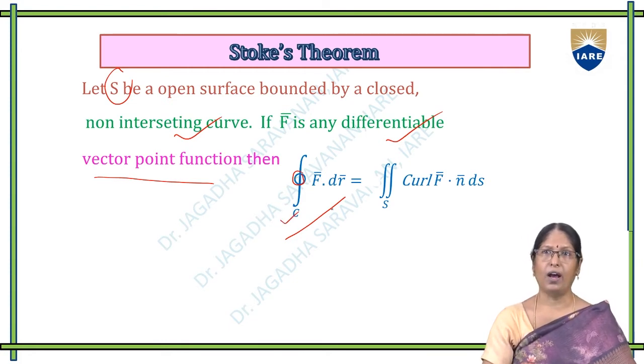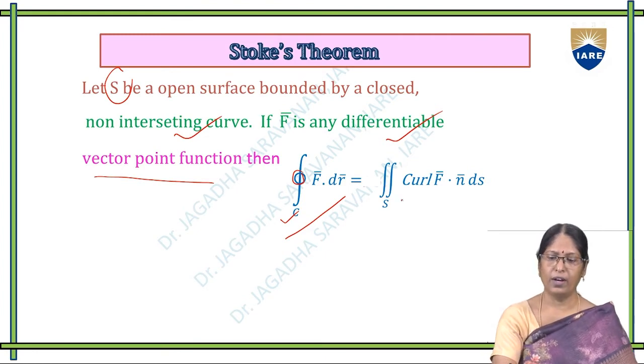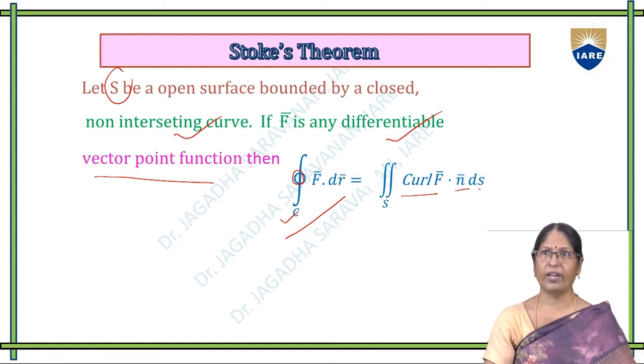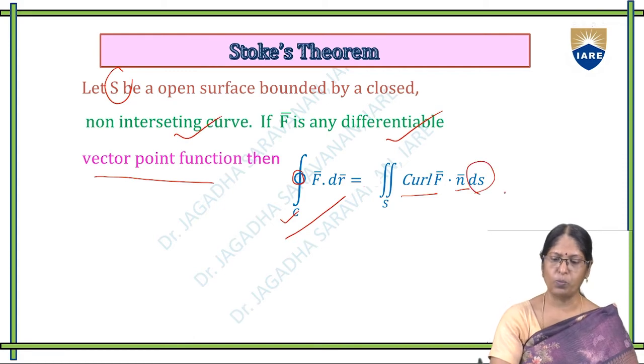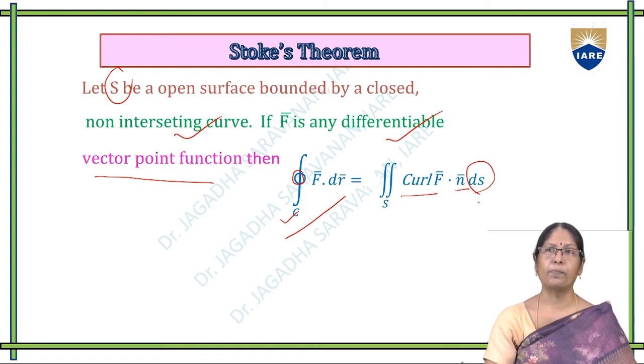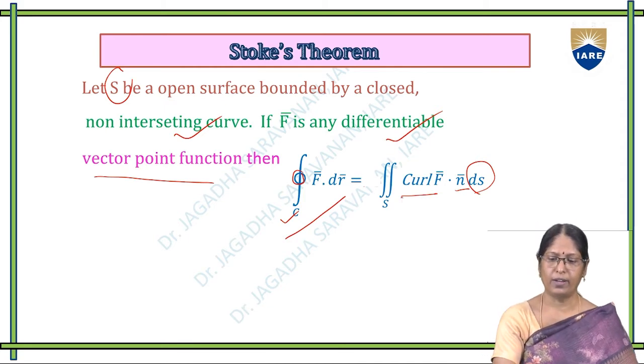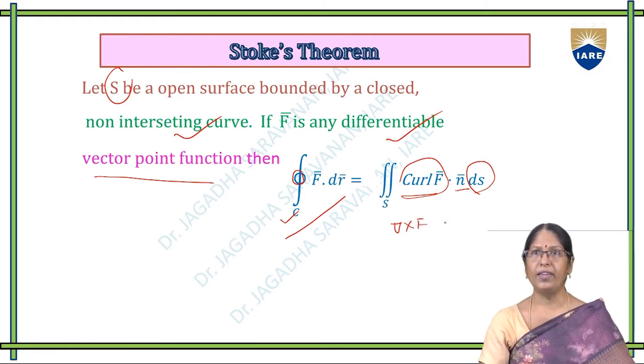of F dot dr is equal to the surface integral of curl F dot the unit normal vector n, where n is normal to the plane in which the surface lies, and dS represents the surface element. So the line integral equals the surface integral of curl F, that is del cross F, dot n dS.